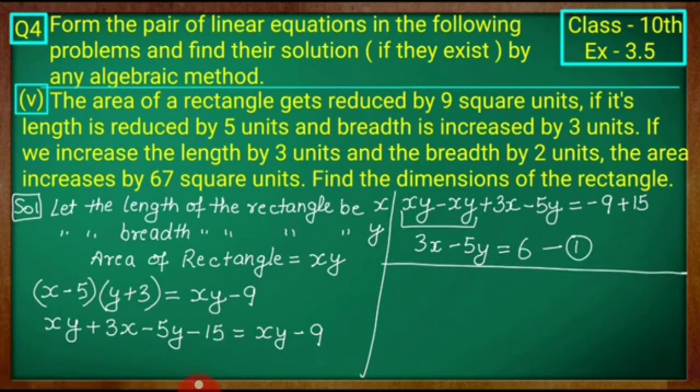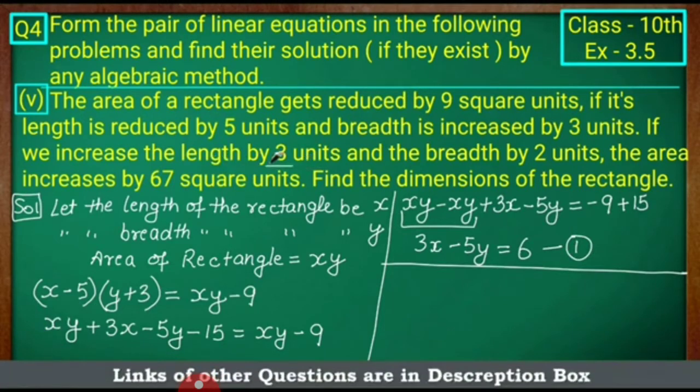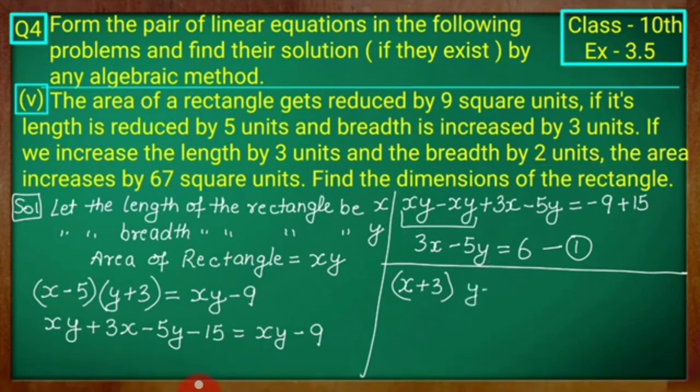By the second condition, the question says if we increase the length by 3 units, that is x plus 3, and breadth also increases by 2 units, so y plus 2.